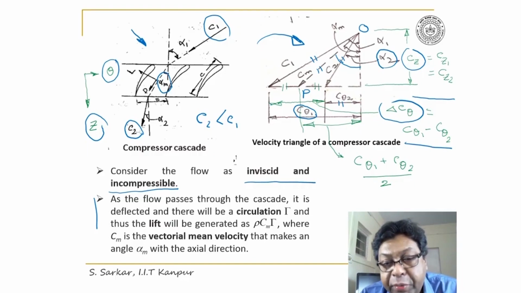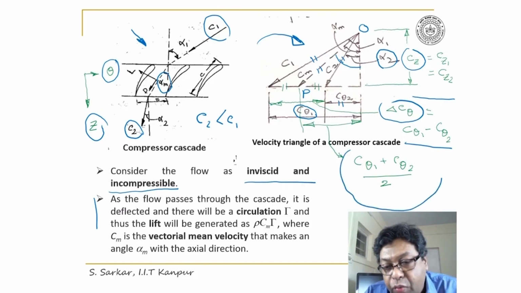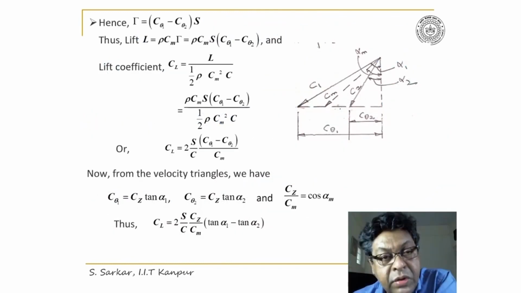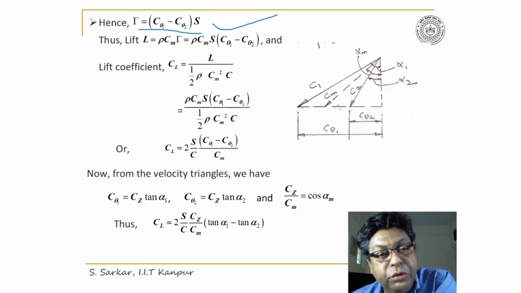Now, if you take a projection from P, this line segment is equal to (C theta 1 plus C theta 2) divided by 2. Now one can show what gamma is. The value of gamma is equal to (C theta 1 minus C theta 2) into s.